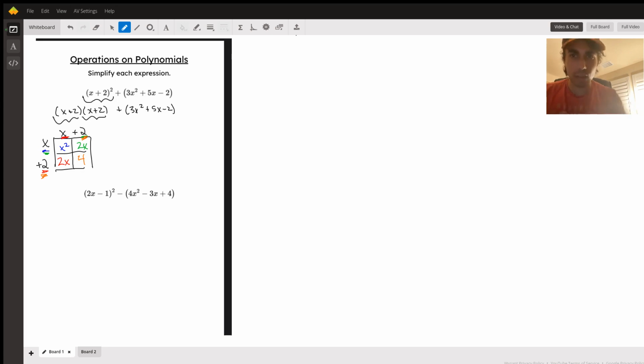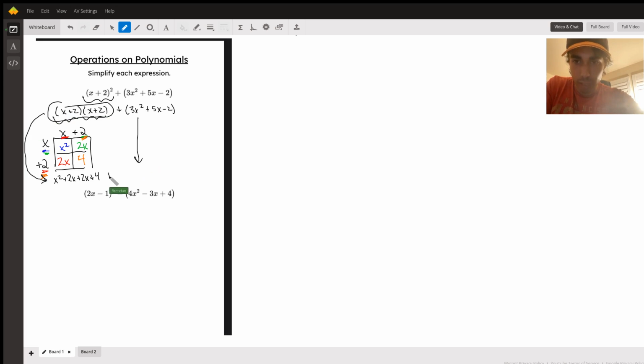So let's write down what we just got: x squared plus 2x plus 2x plus 4. That's that whole thing that we just did. We multiplied this together using the box method, and we got that answer.